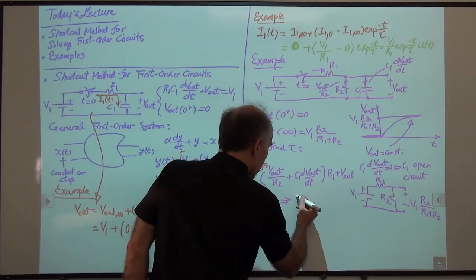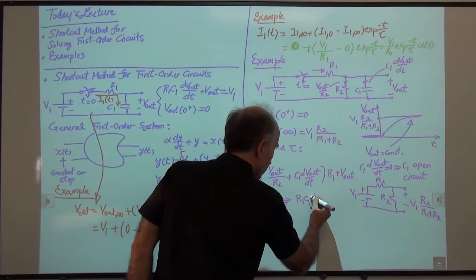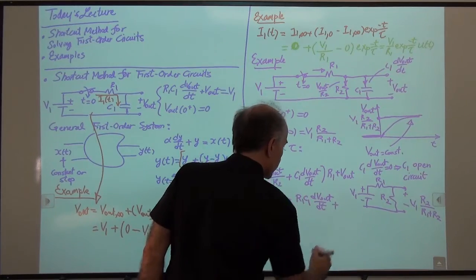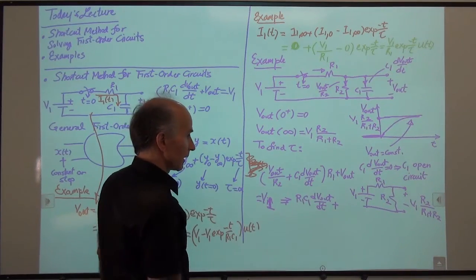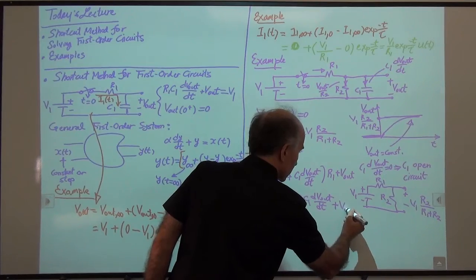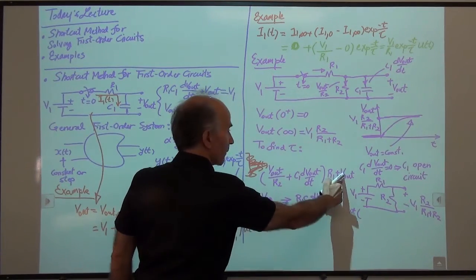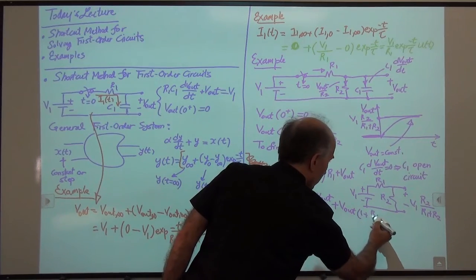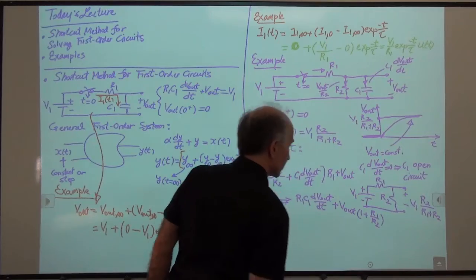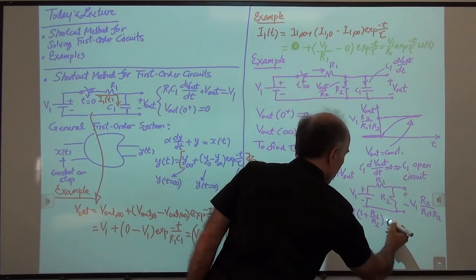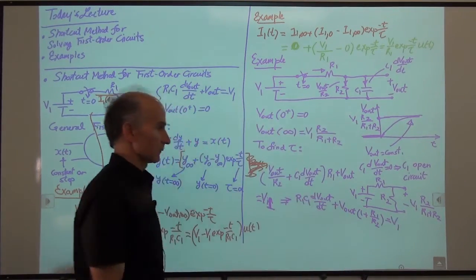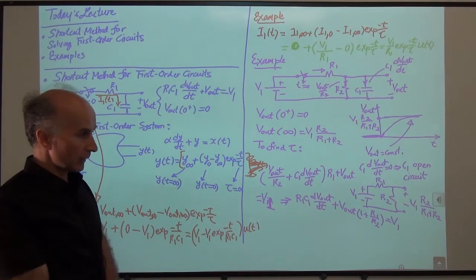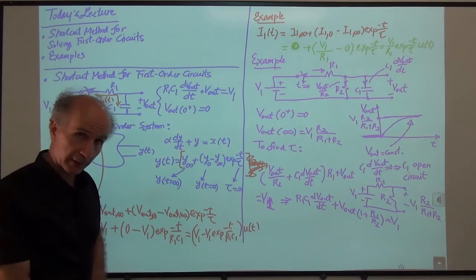All right, so we have R1 C1 dV out over dt plus V out times a 1 here and R1 over R2 here. So 1 plus R1 over R2. And then we have V1 on the right side. Is that okay? So that is the differential equation governing the behavior of the circuit.